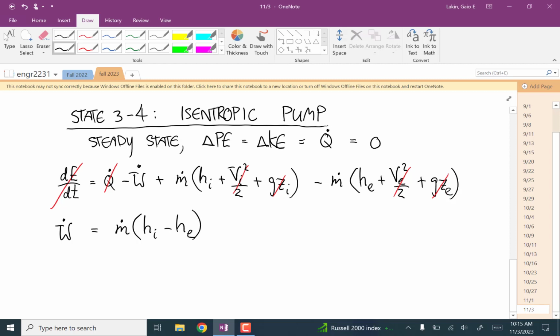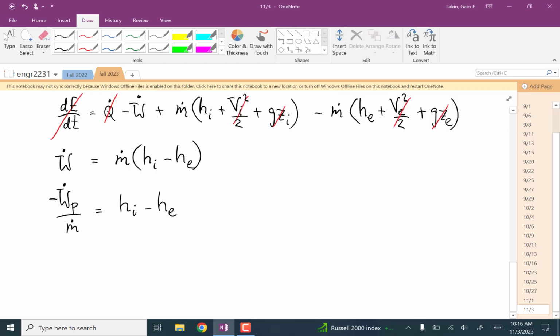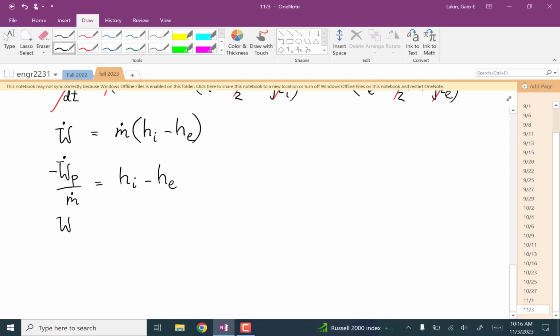All right, well, for a pump, is work leaving the system, being output by the system, or is work coming into the system? Coming in. So I'm going to change this to W dot sub P, and I'll divide it by M dot here. And so W dot sub P over M dot is HE minus HI.